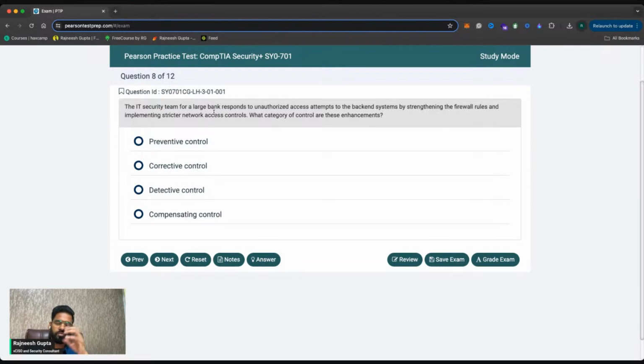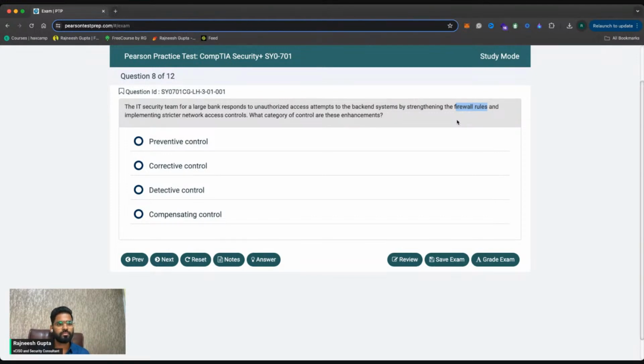Whenever you get a question which you might feel uncomfortable or confused about, just try to look for certain objects. IT security team, large bank, respond to an unauthorized access attempt to the backend system by strengthening the firewall rules. Perfect. Firewall is the object here. Why?